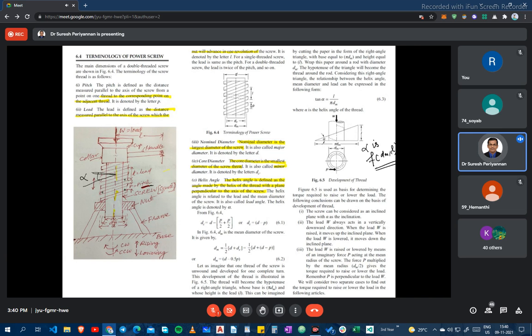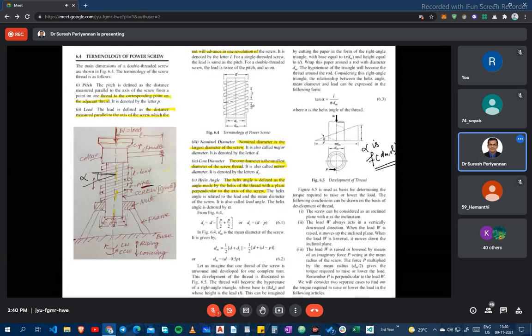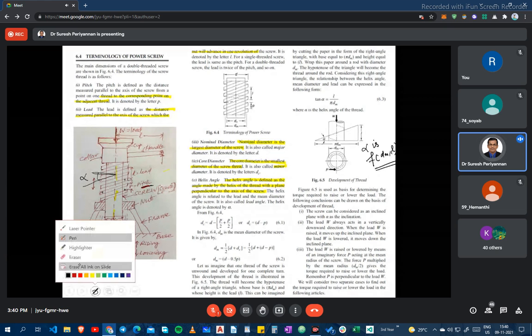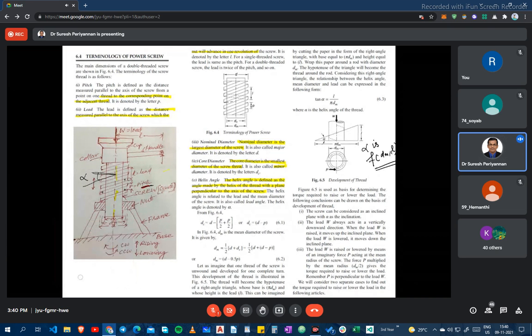Now see here, this is my horizontal distance. I show you here itself, you can easily understand. This is my L distance, right? And this is my helix angle.